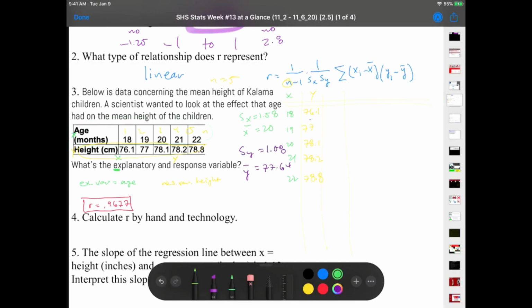Okay, in this list, I'm going to subtract each of the x values from the mean. So that's going to be 18 minus 20, 19 minus 20, 20 minus 20, 21 minus 20, and 22 minus 20. Alright, so we're going to get some numbers here: -2, -1, 0, 1, and 2.